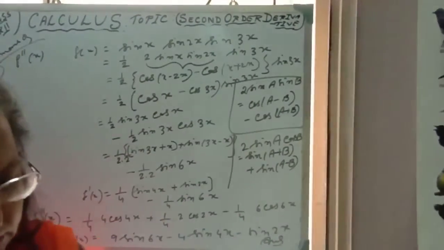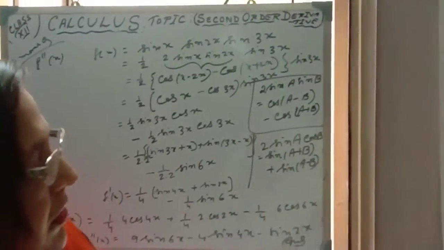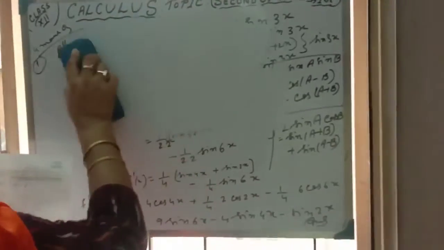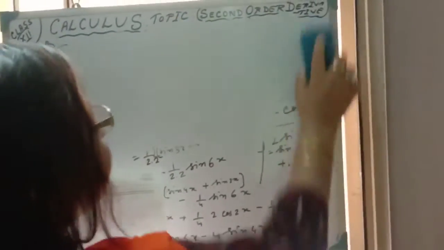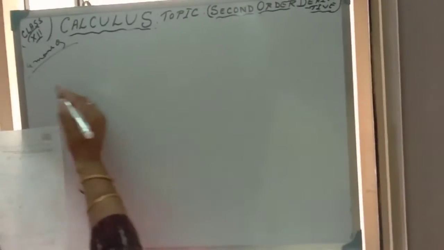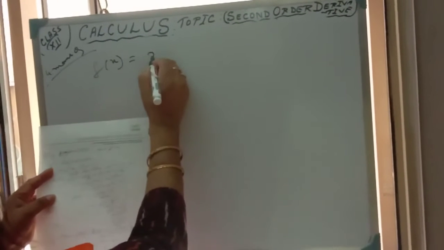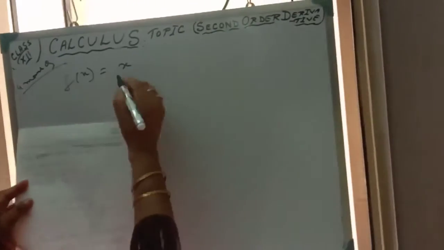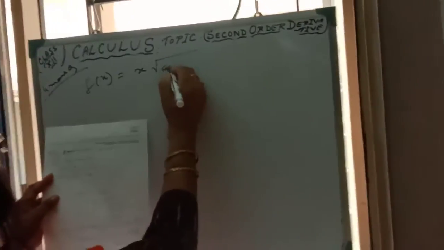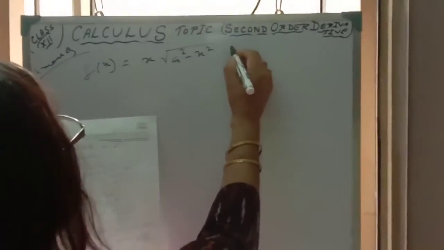Next sum. f(x) equals x square root of a square minus x square.